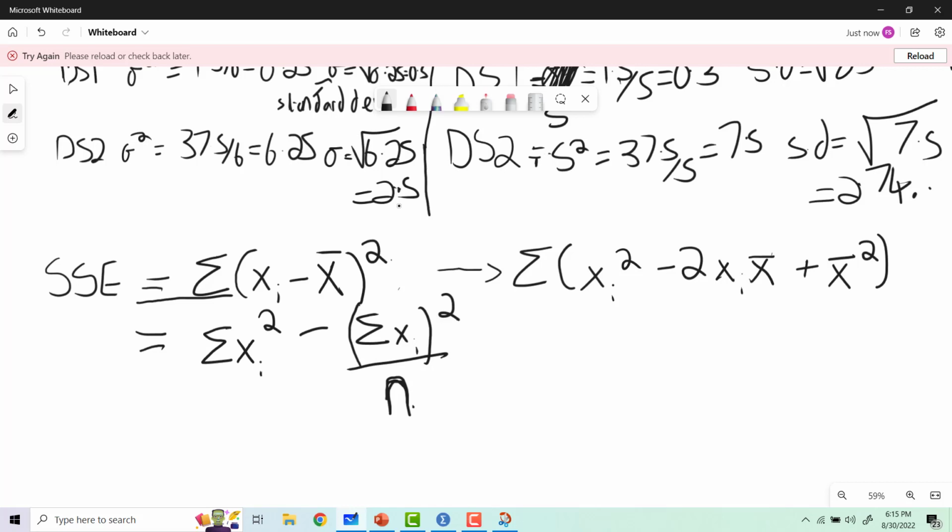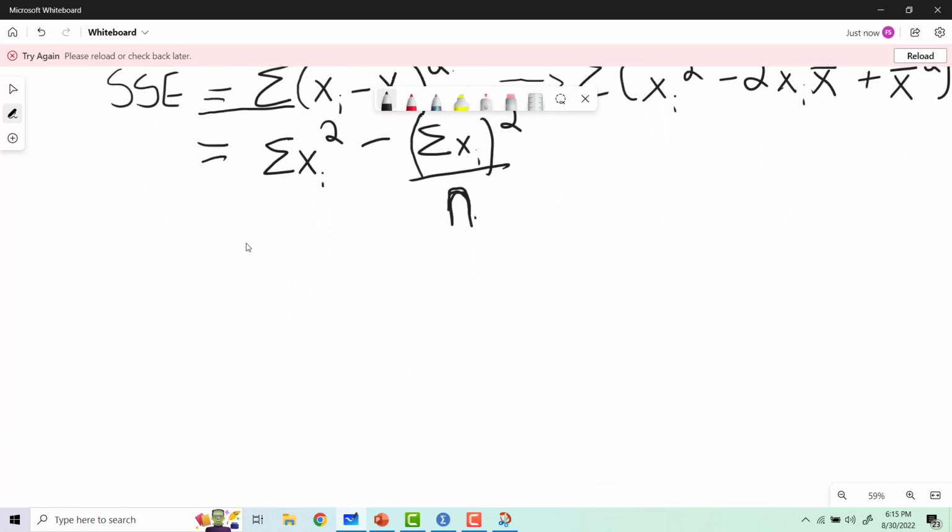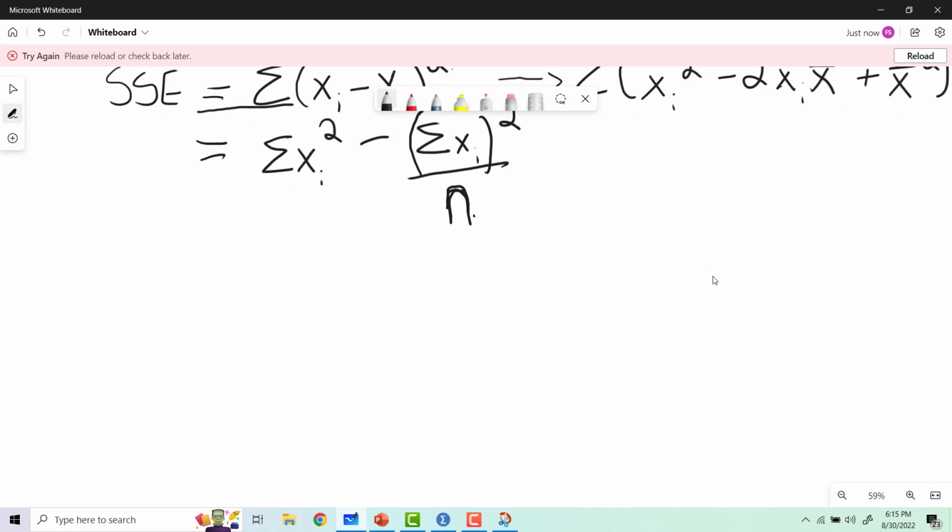Okay, so the last two little things is we're going to do exactly what we did before. So we'll use the population rather than the sample.